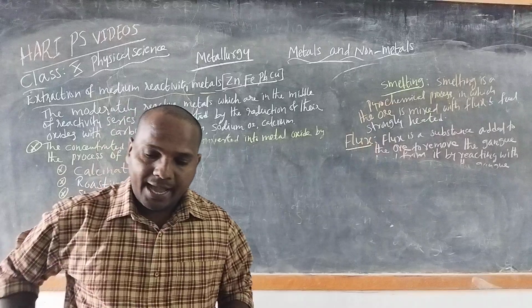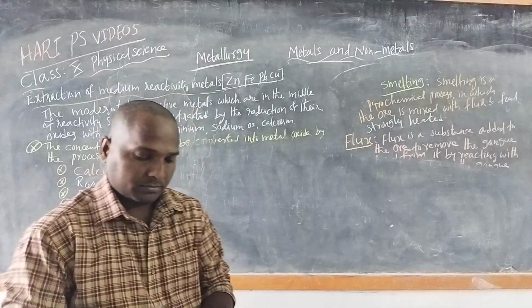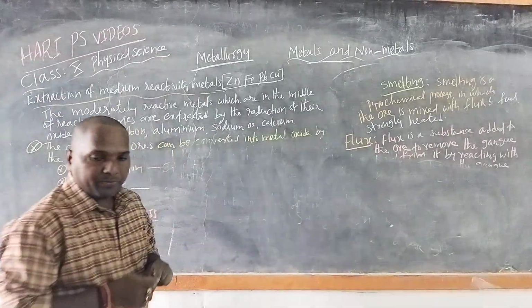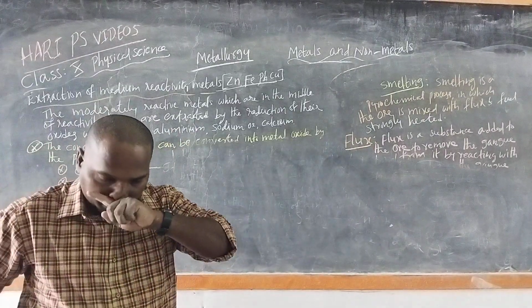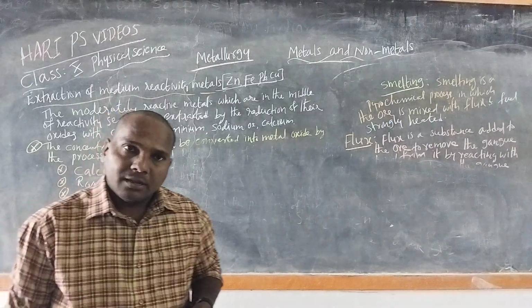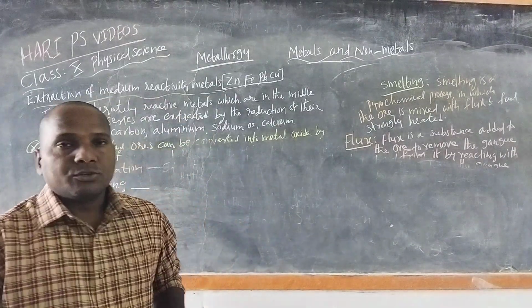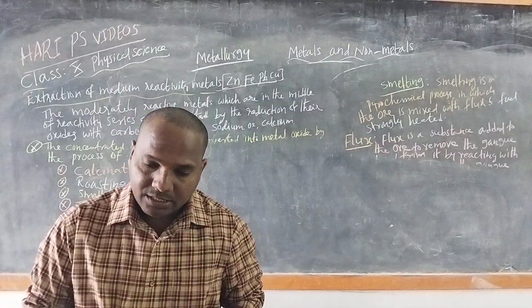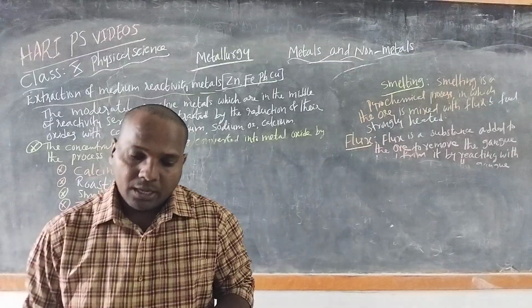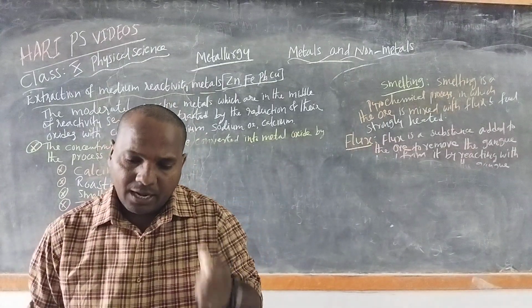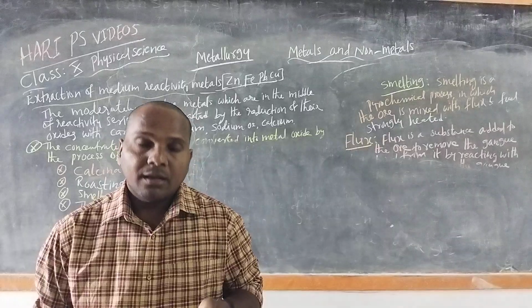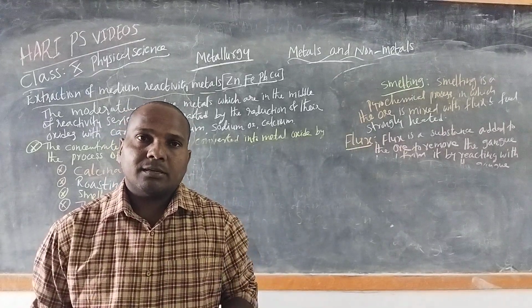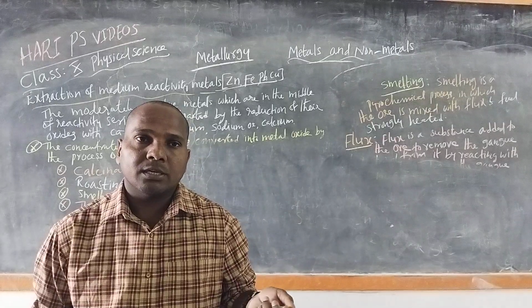So, in the case of smelting, especially for iron, for hematite ore, coke is used as a fuel and limestone is used as a flux. By the process, from the hematite we get iron.